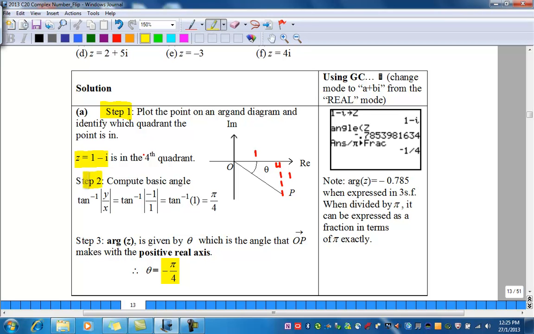Step 2. Compute the basic angle, which is tan inverse of modulus y over x, which is tan inverse 1, and gives rise to pi over 4.